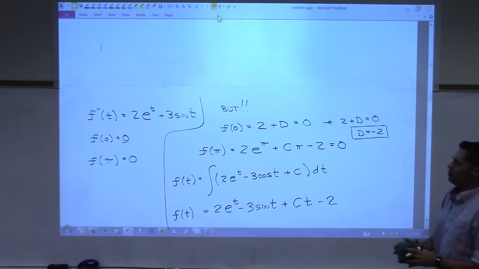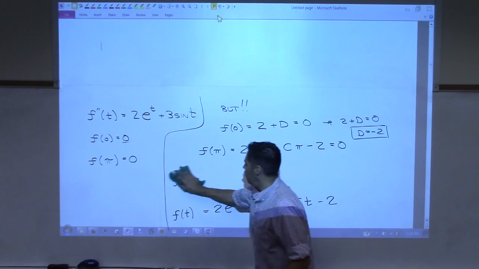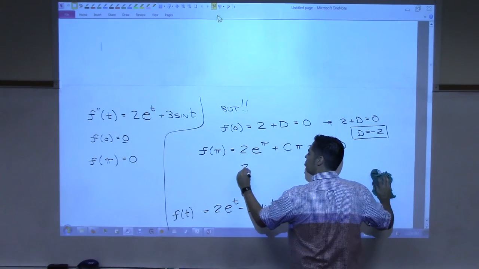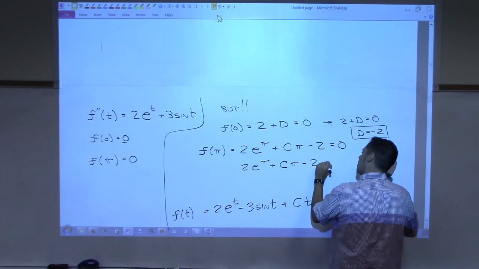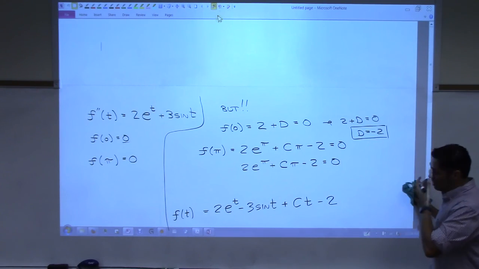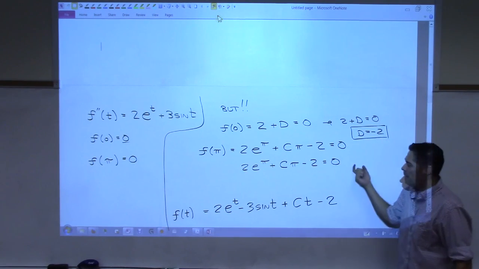Ooh, our c is going to be pretty ugly. But everything there is a number except c, right? c is the only thing that's not a number. So what I have is 2e to the pi plus c pi minus 2 equals 0. I'm going to isolate c now. So I'm going to add 2. I'm going to subtract 2e to the pi.